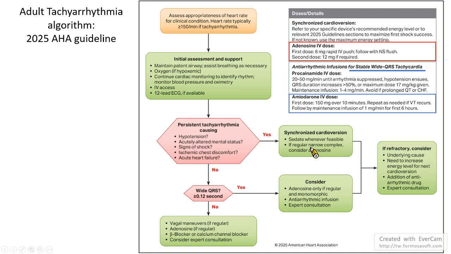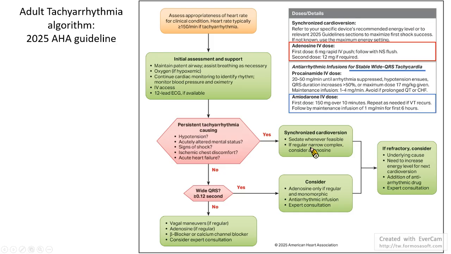But if it's not that threatening, then we have time to differentiate whether it is a narrow or wide QRS. If it is a wide QRS, then consider adenosine's role may be less possible, and only if it presents as regular and monomorphic.